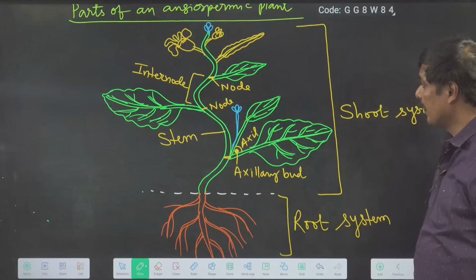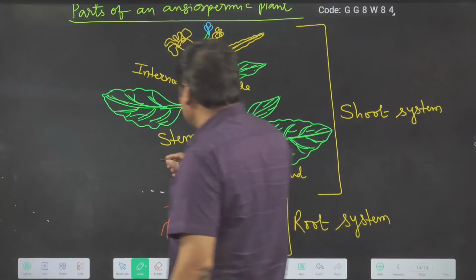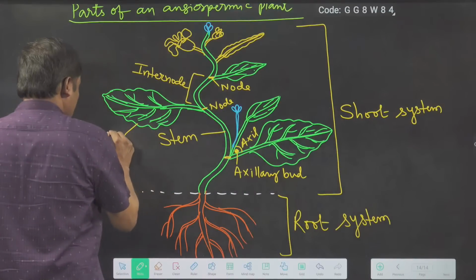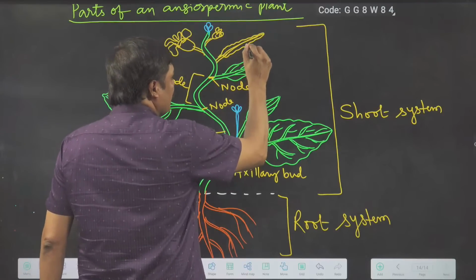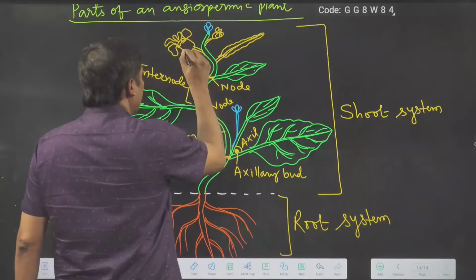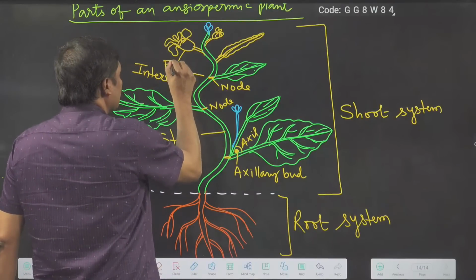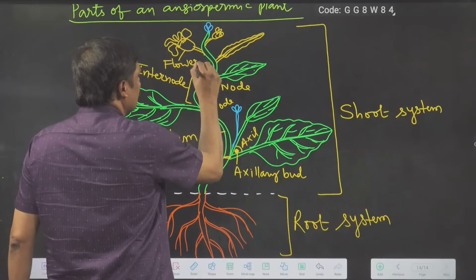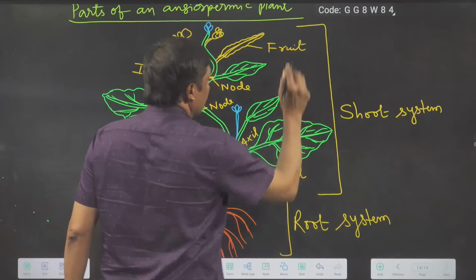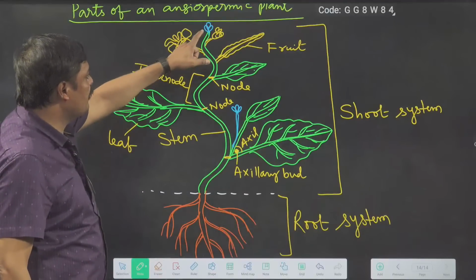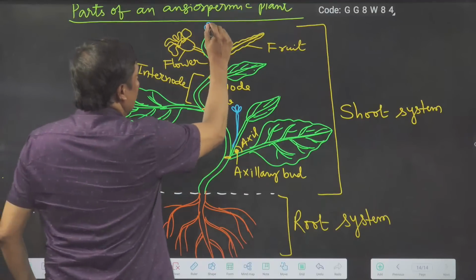Okay? And these are leaves, as I said. And it also contains flowers and fruits. This is flower and this is fruit. And finally, at the tip of the stem, there is a bud.